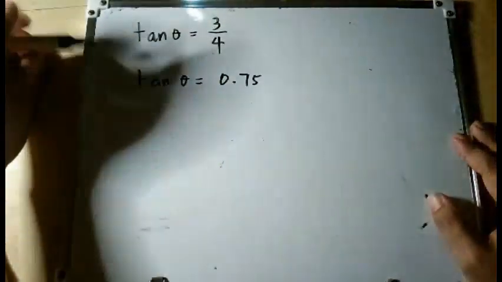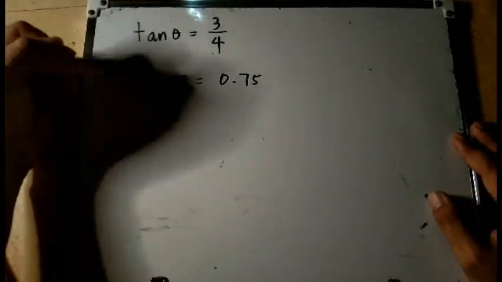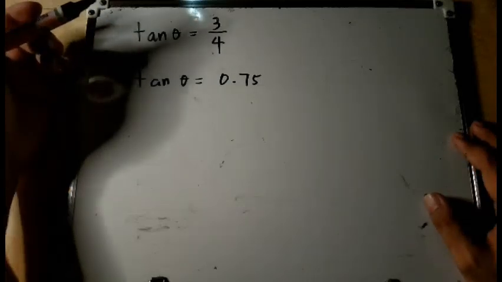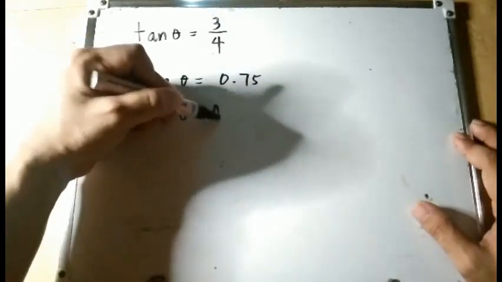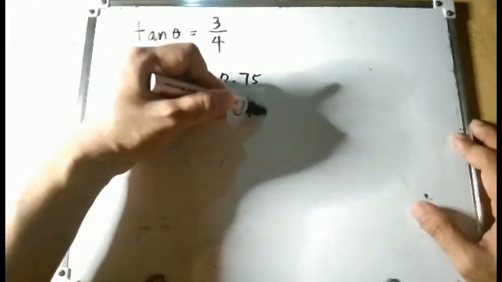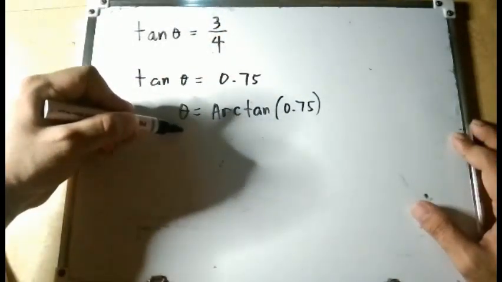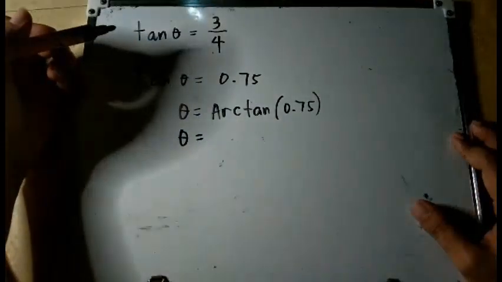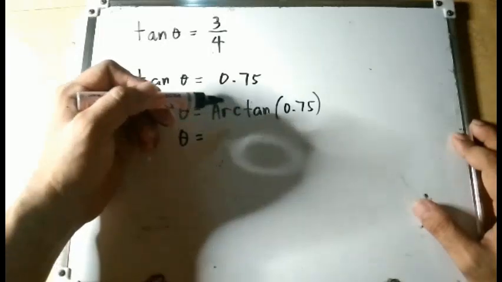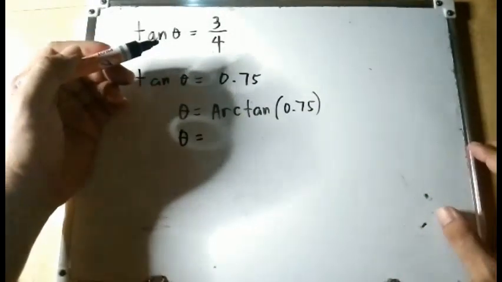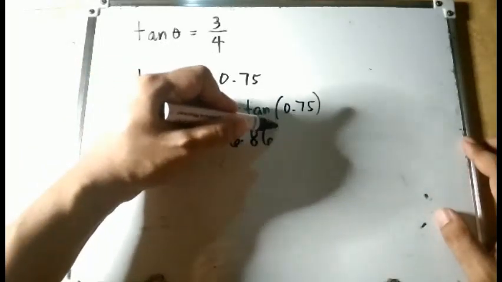Okay, so we have here tangent theta is equal to 0.75. Then para mahanap yung angle, kunin natin yung inverse trigonometric function ng tangent, which is yung arctan. Okay, so kunin natin yung arctan both sides. So we have theta is equal to arctan 0.75. Okay, so sa calculator, yung arctan is gawin nyo shift tan tapos 0.75. Okay, so we have 36.86 degrees.